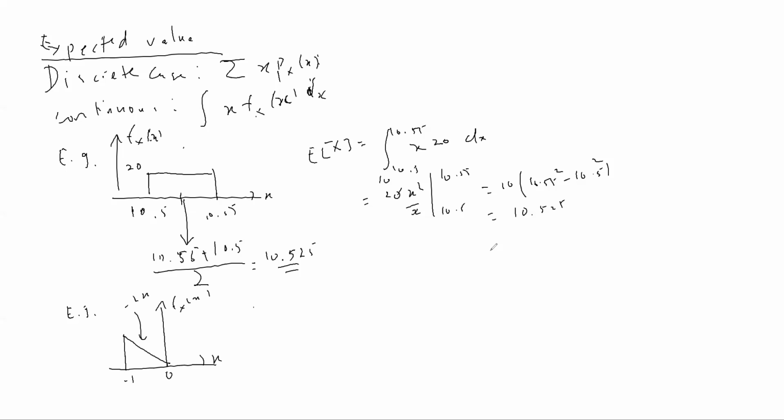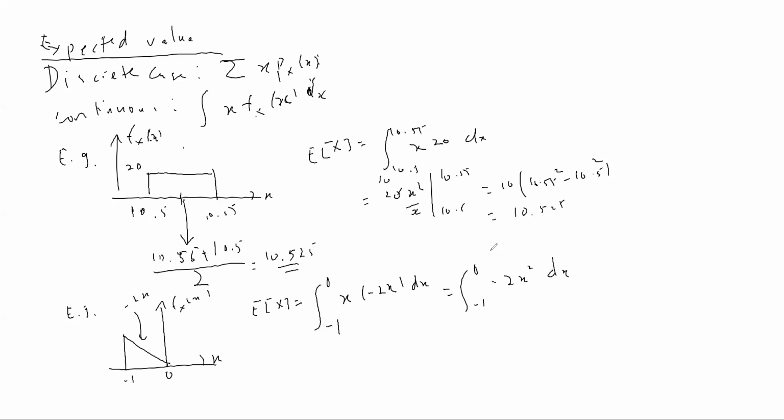Okay, very quickly here, expected value of x is just from negative 1 to 0, x times negative 2x dx, which is actually equal to the integral from negative 1 to 0 of negative 2x squared dx.